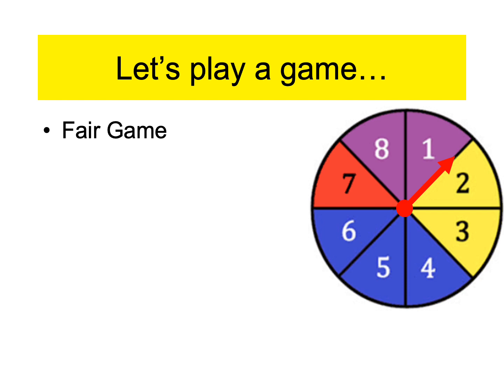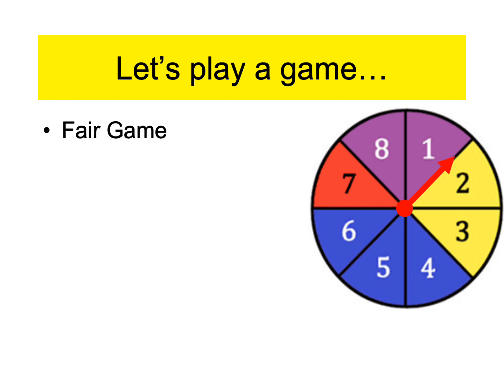That would not be true if I made some pieces of the pie bigger than others. If some were small and some were big, then that's not a fair game. You wouldn't have the same probability of landing on a 1 as on a 5. But notice the area of the purple region 1 and the blue region 5 are exactly the same.